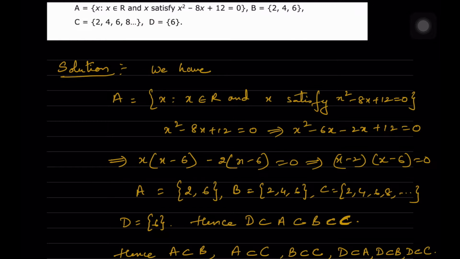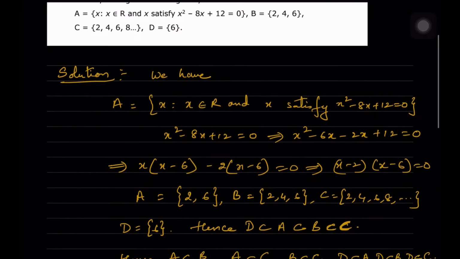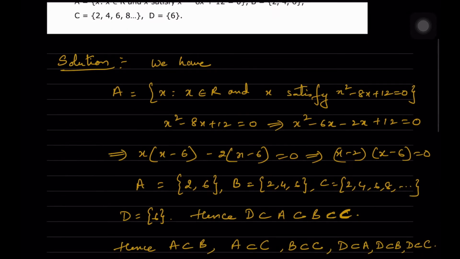Here I have written that. And then we also can see that B is a subset of C only, D is a subset of A, D is a subset of B, D is a subset of C. So hence he is asking the question, what are all the possible subsets of one another, right? So therefore this is the way we write it.